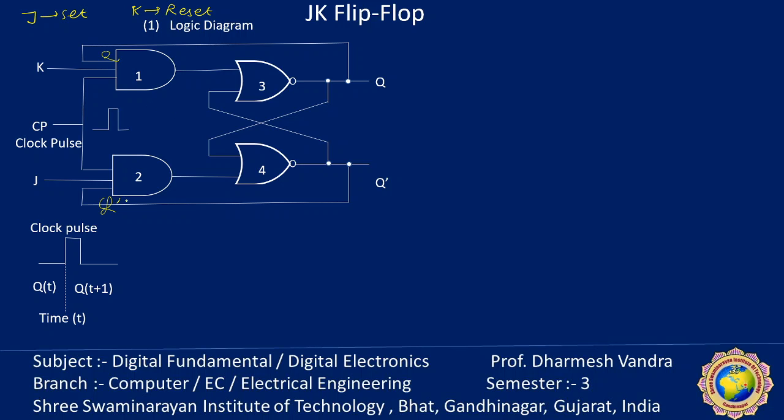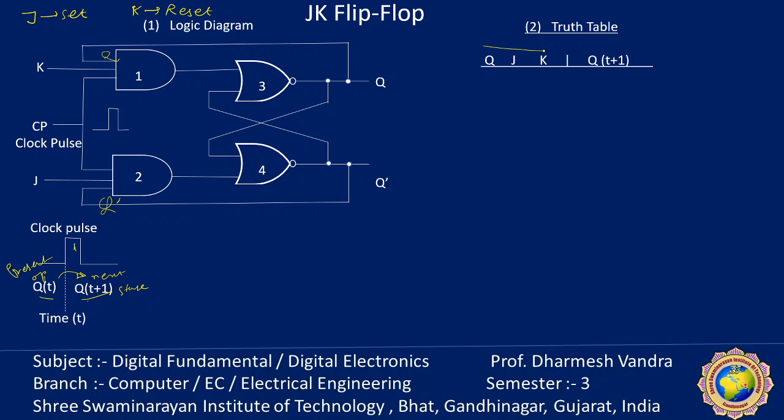Again, let me revise. Q(t+1) is the next output, and this is the present output. When the clock pulse is equal to 1, Q(t) will change to Q(t+1), meaning the next state. The truth table has three inputs: Q, J and K. The next output is generated after the clock pulse.